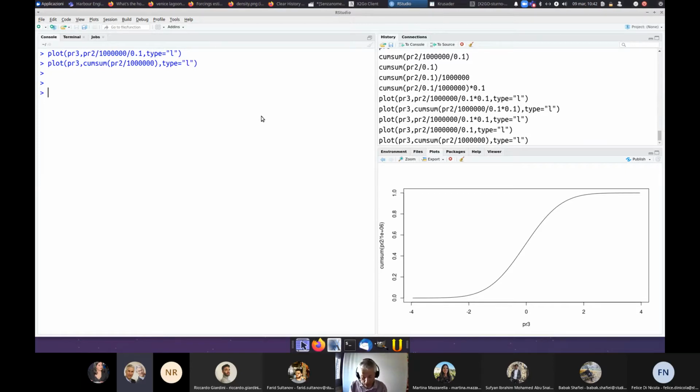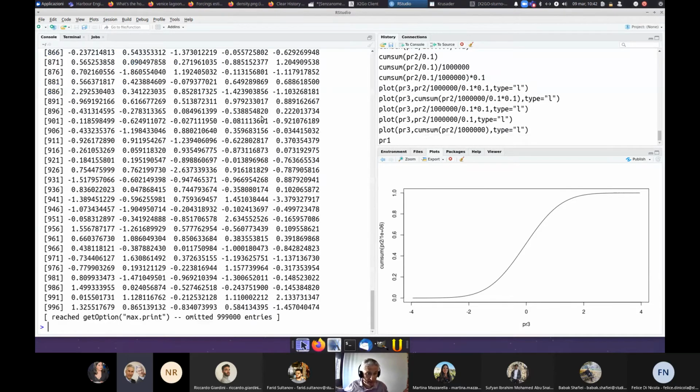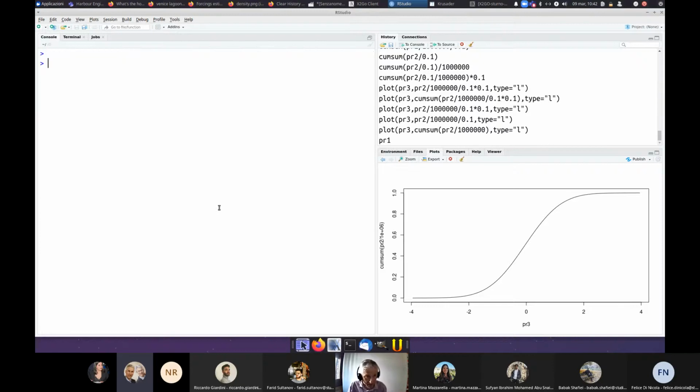So for instance, if I make PR1, this is a vector with 1 million elements, okay? And if you type return, you see what's written there. In principle, it should write 1 million elements, okay? But now let me clear it.